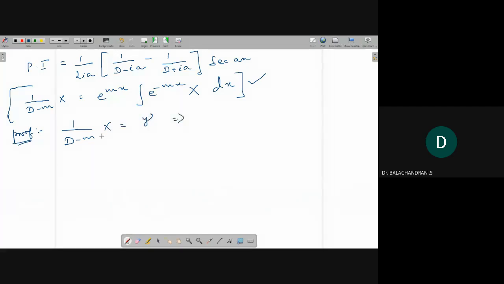This implies, cross multiplying, taking the left hand side equal to y, (D minus m) into y equal to capital X, where capital D equals d by dx. And hence Dy is dy by dx.